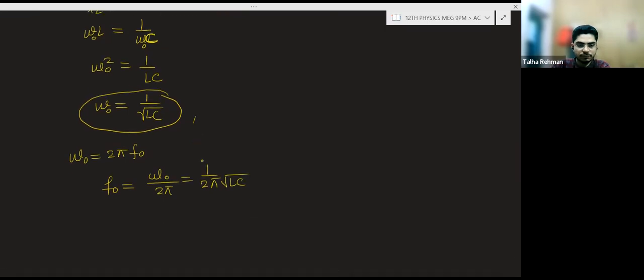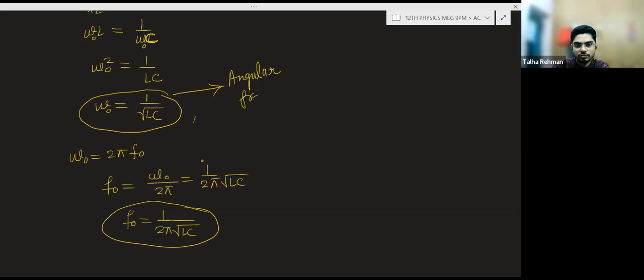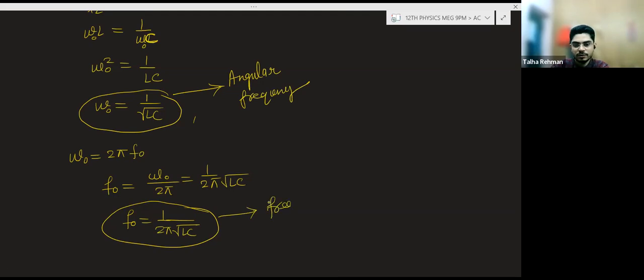So resonant frequency is given by 1 upon 2 pi under root of LC. And omega is the angular frequency, while f is the number of revolutions in 1 second, the frequency.